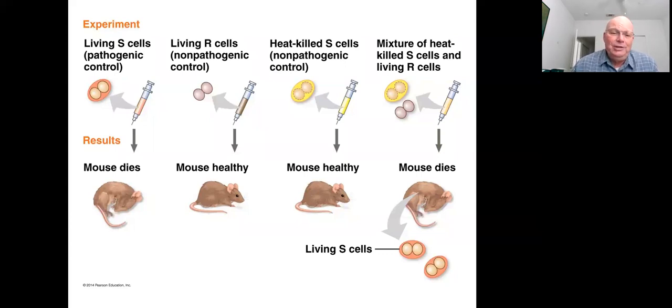He knew that this is how you could kill bacteria. You could heat kill the bacteria by using what we today call pasteurization, after Louis Pasteur. And so he heated these S cells and killed them.